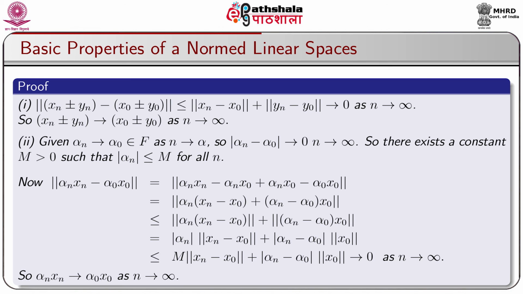For 2, given alpha n goes to alpha naught belonging to F as n tends to infinity, the modulus of alpha n minus alpha naught goes to 0 as n tends to infinity. So, there exists a constant M greater than 0 such that modulus of alpha n is less than or equal to M for all n.